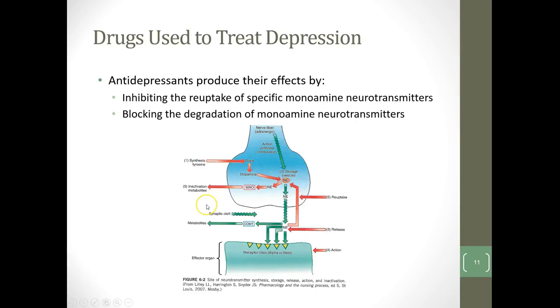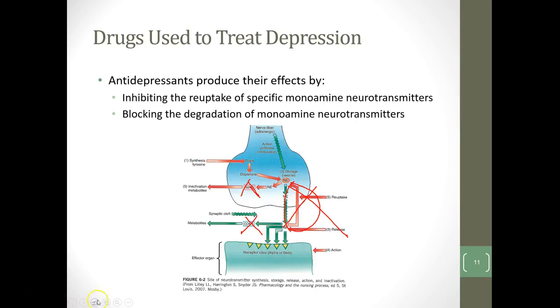So monoamine oxidase can break it down, or the catechol O methyltransferase, or COMT, can break it down. So we're either going to inhibit the reuptake or we're going to block these chemicals that would break down those monoamines.